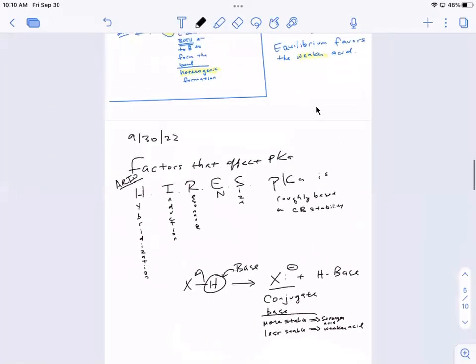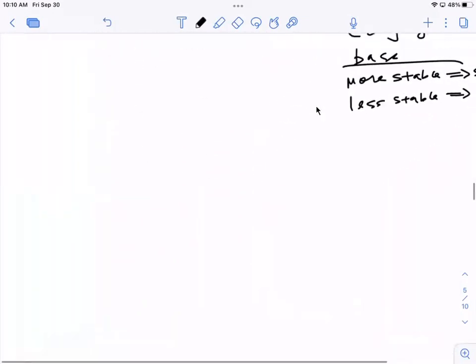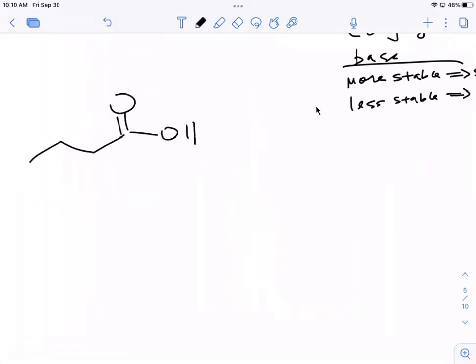So let's take our 2 acids from up top and compare them. So we had propionic acid, and then we had phenylacetic acid. I'm going to write them out in skeletal form, if that's okay.